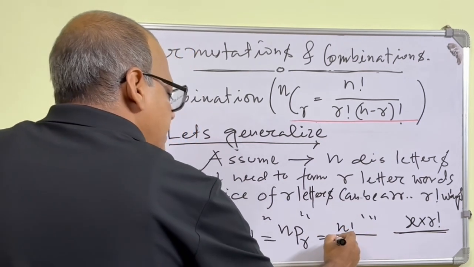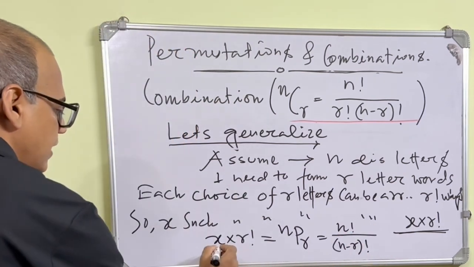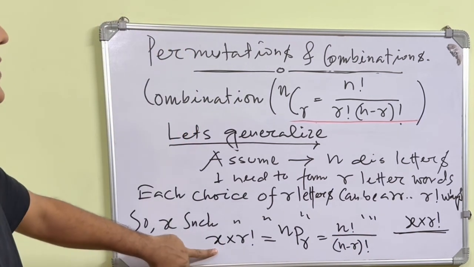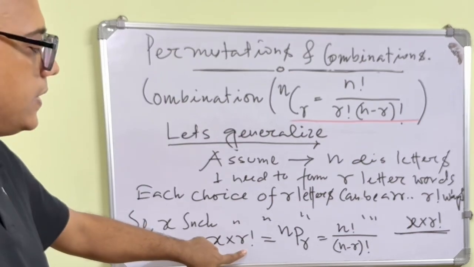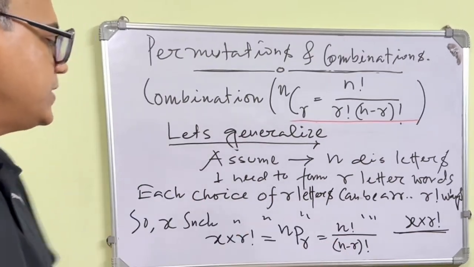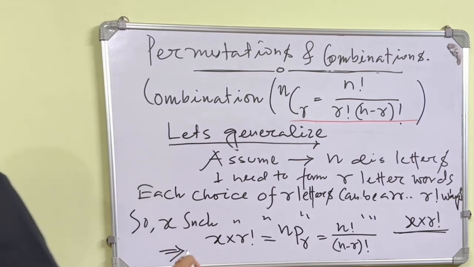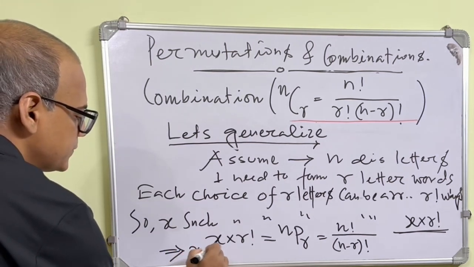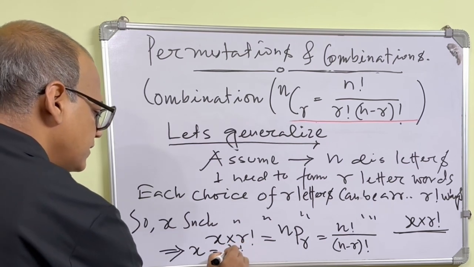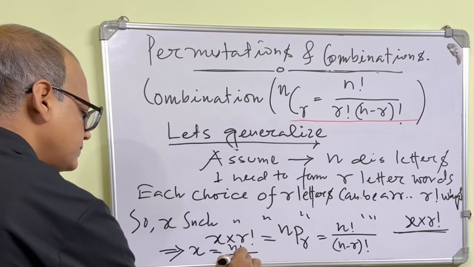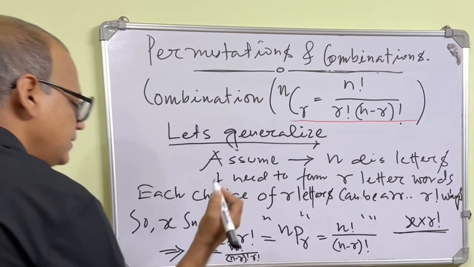If I simplify, it is n factorial by n minus r factorial, and this is the number of choices times arrangement, which is permutation. From these two, I can simply calculate the number of choices. X is nothing but n factorial by n minus r factorial times r factorial.